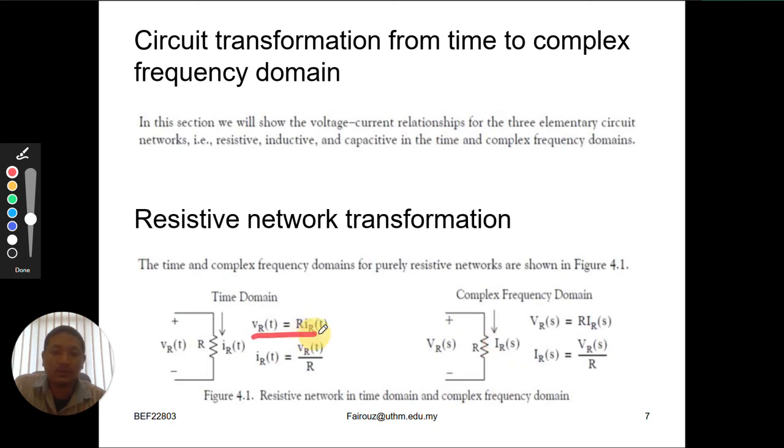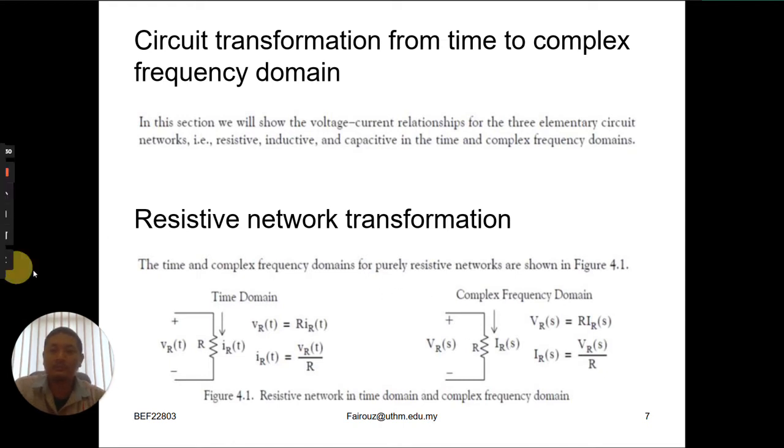The equation is similar, I equals V over R. So for the resistor, it is basically the same between time domain and frequency domain.